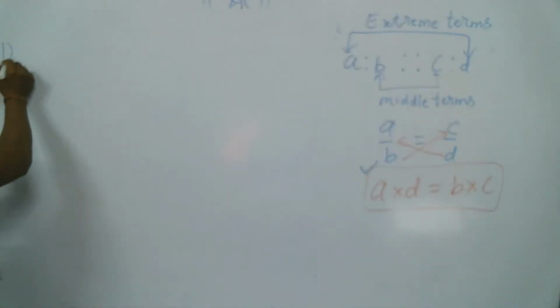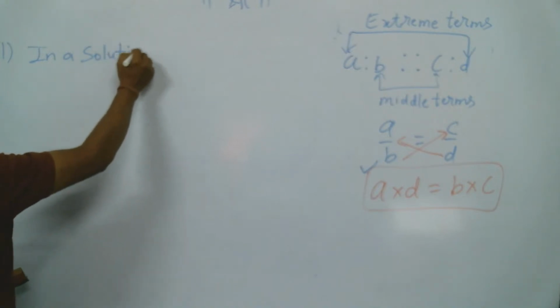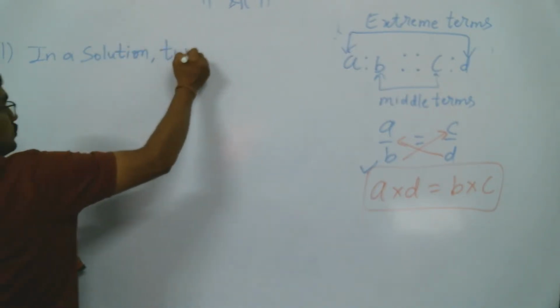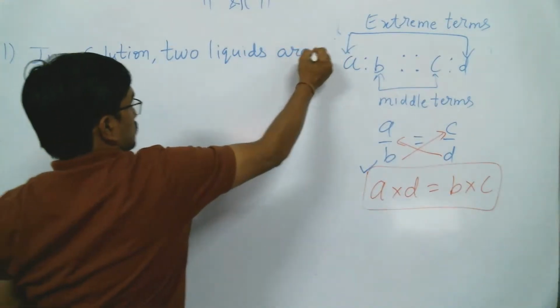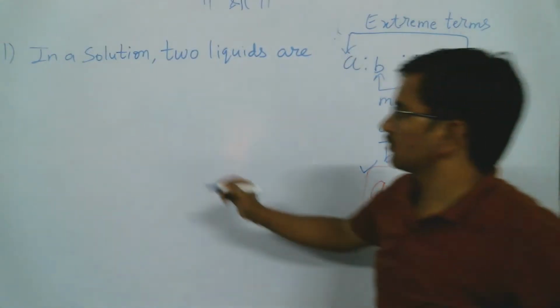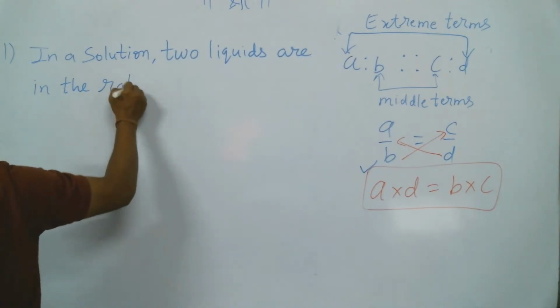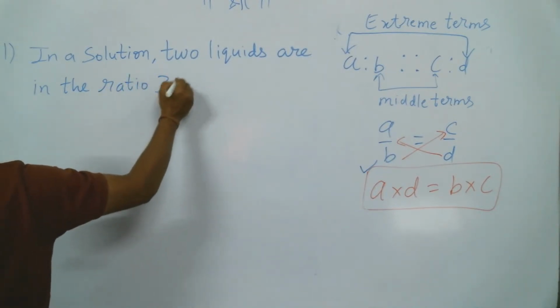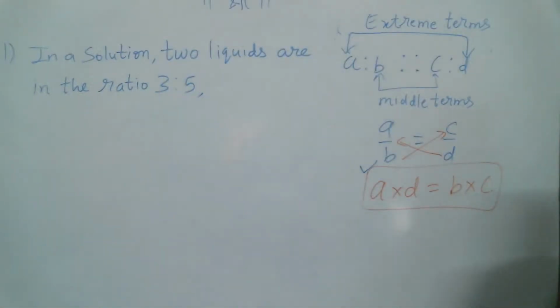Write the question with me. 3:5. The ratio is 3:5.